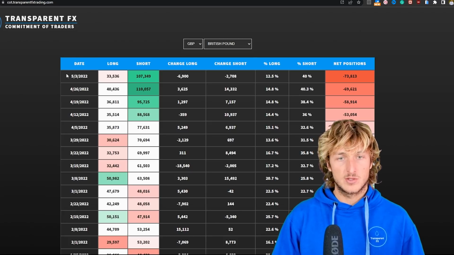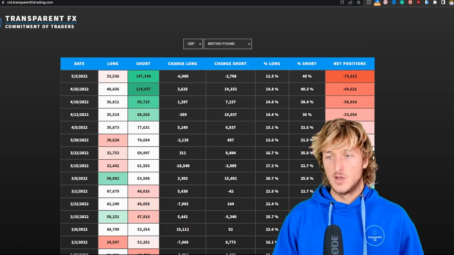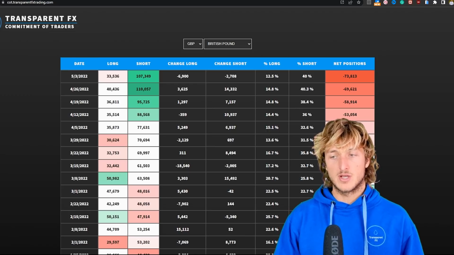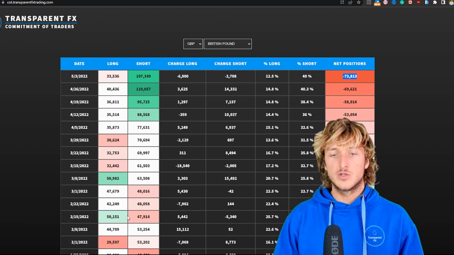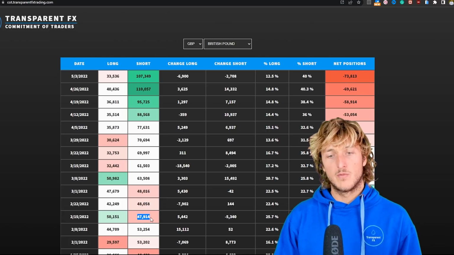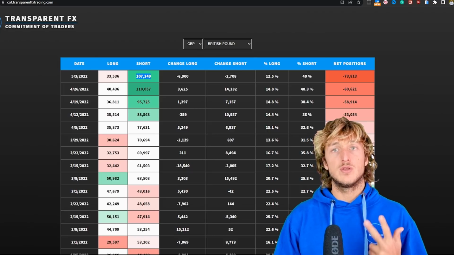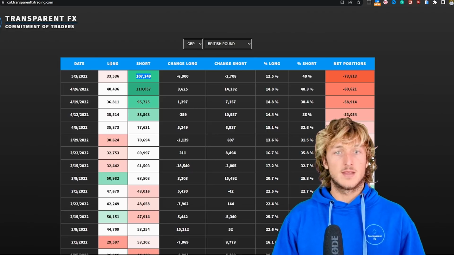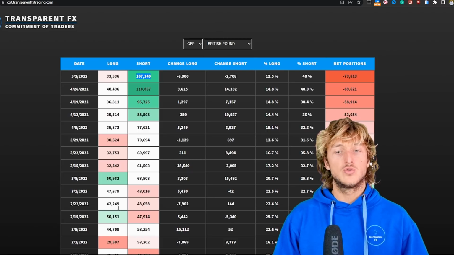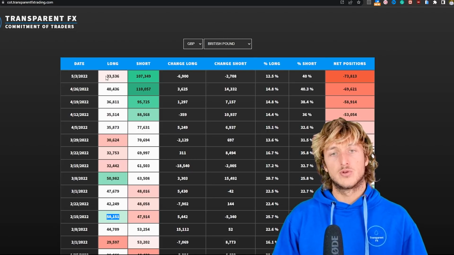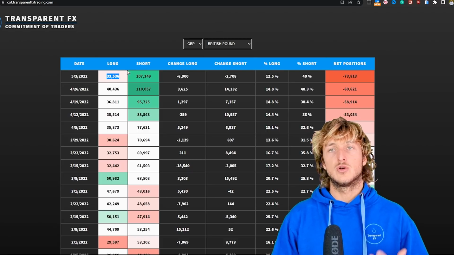It took 3 months for them to shift from a positive net positioning of 2K to minus 73K net positions. So in order to increase their longs from 47K to 107K, it took them 3 months. And to cut their long positioning from 50K to 33K, once again, it took 3 months.